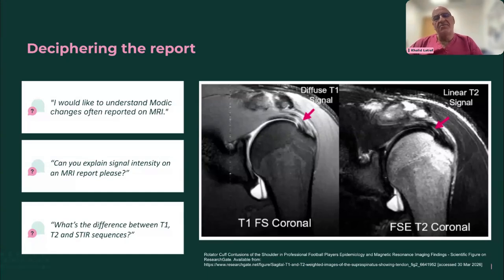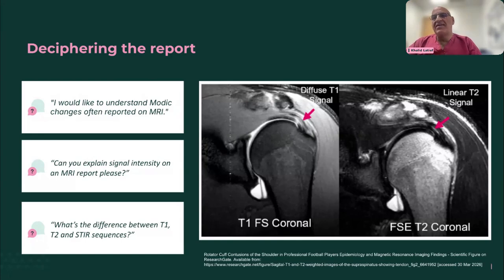And then the question, Lily, I think somebody said, I want to understand Modic changes often reported in MRI scans. So those are the changes Dr. Modic, the American radiologist, described in spinal imaging, and they are basically stress reactions between the vertebral bodies. You've got type 1, type 2, and type 3 Modic changes.